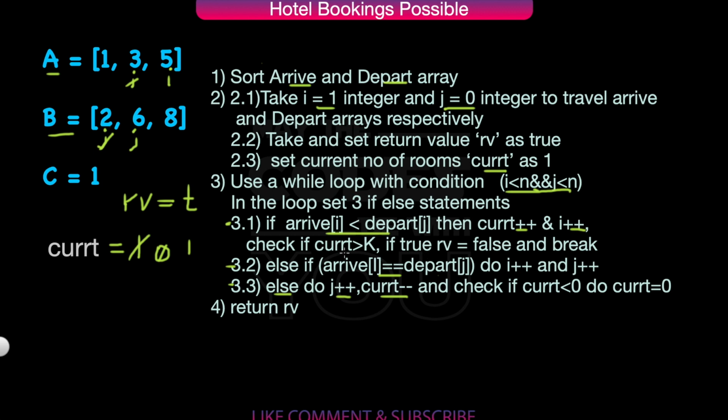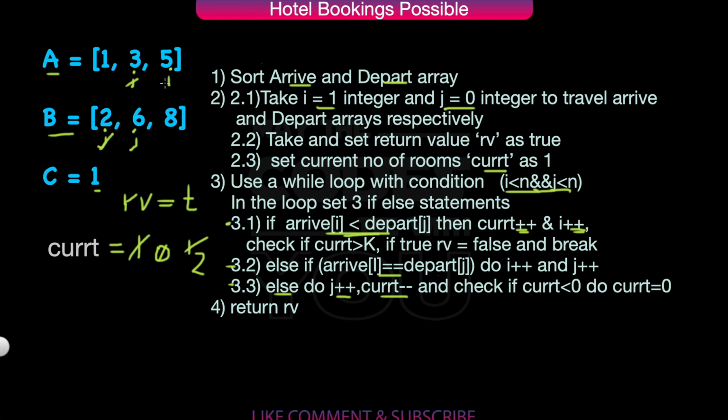Then we check if current is greater than K, where K is our C. If true, rv equals false and break. It is not satisfied as current equal to K is not greater than K. Now arrive[i] is also less than depart[j], so again we enter this and increase current.